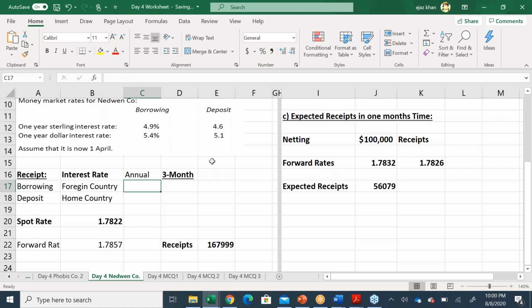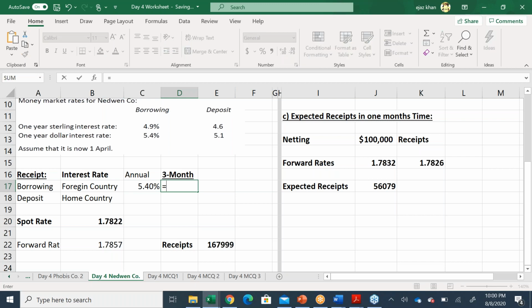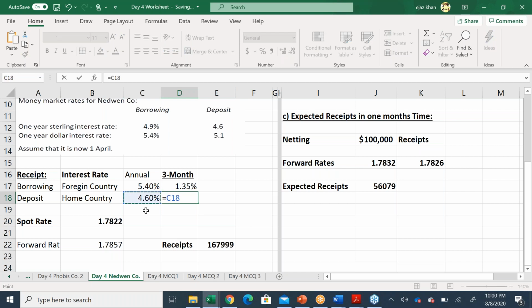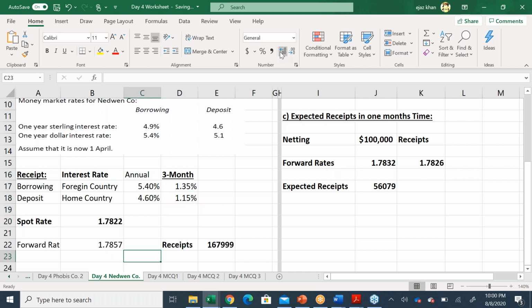The foreign country is the dollar, so its borrowing rate is 5.4%, and let's divide it by 4 to get 1.350%. Similarly, we pick the home country deposit rate, which is 4.6%, and divide it by 4 to get 1.15%. So it will be much simpler now.